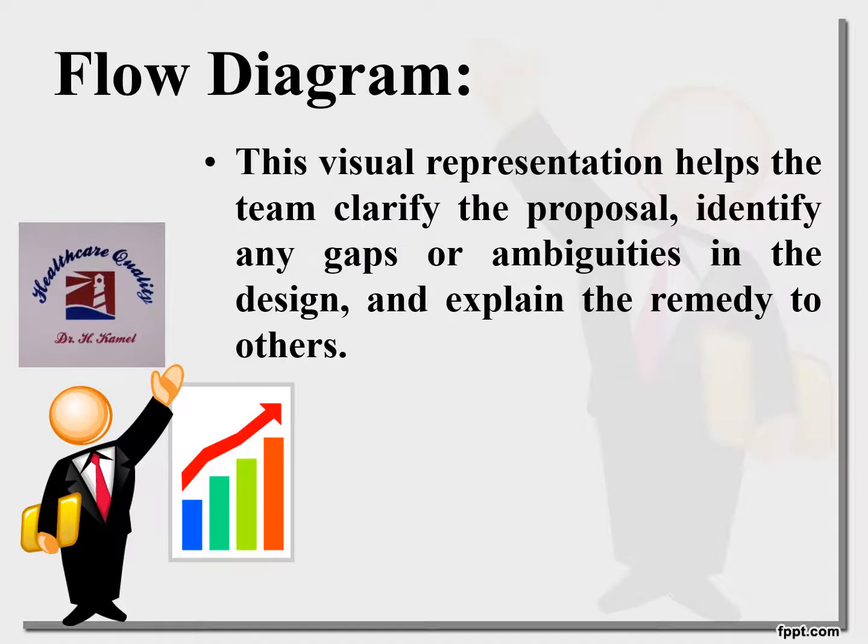Flow diagram. This visual representation helps the team clarify the proposal, identify any gaps or ambiguities in the design, and explain the remedy to others. We will speak in detail about developing flow diagrams while discussing quality improvement tools.